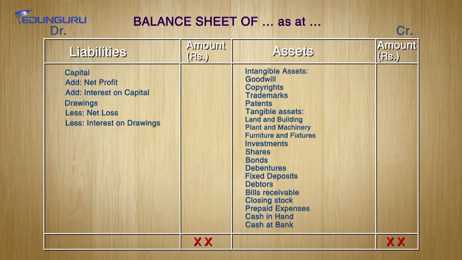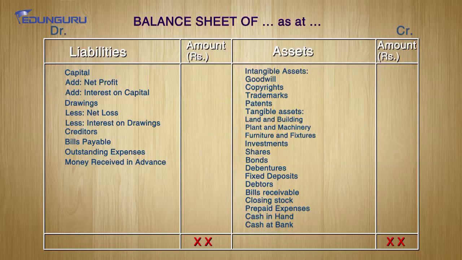Now moving further, what are the outside liabilities? This particular one was an internal liability. It was the owner's money after all. Now if I talk of outside liabilities, what are those liabilities? Creditors, bills payable, outstanding expenses, money received in advance are all your outside liabilities. Now once I finish recording all my assets and liabilities, dear students, if at all everything has been correct, my asset and liability side will automatically match.